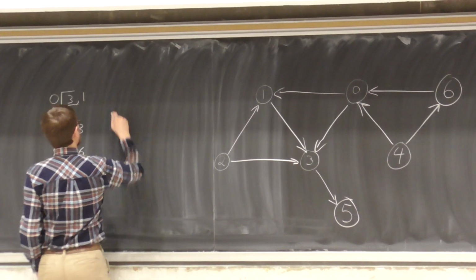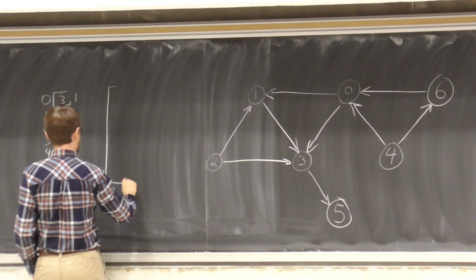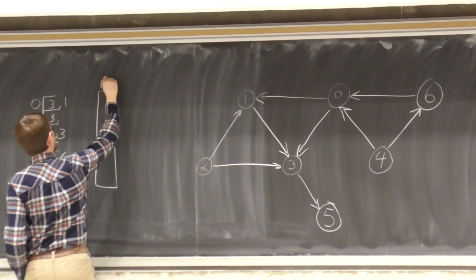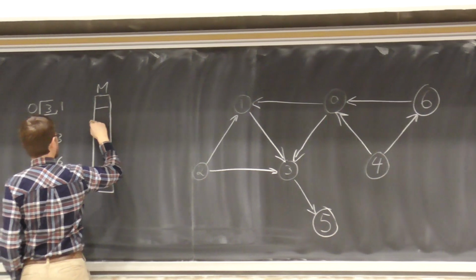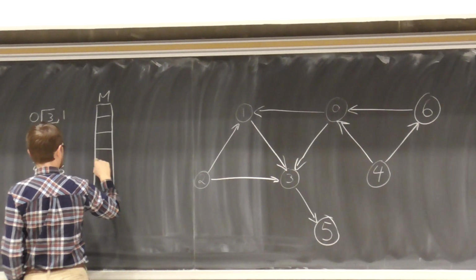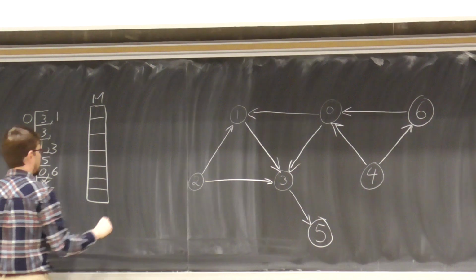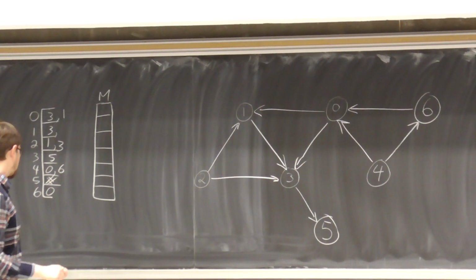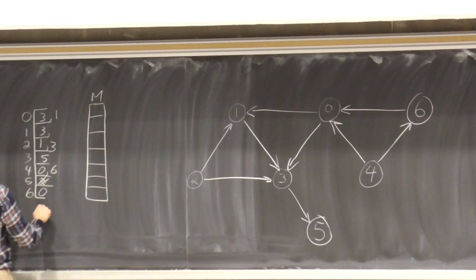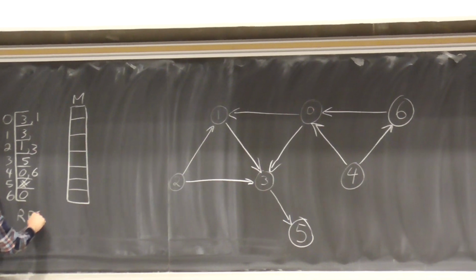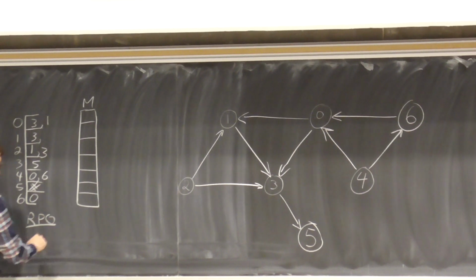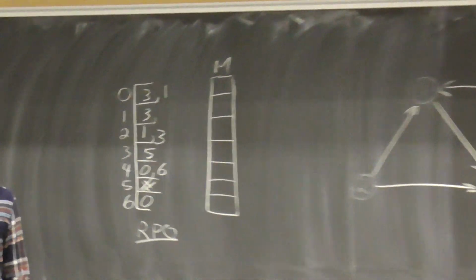In addition, let's just do a marked array at the same time. And let's keep our reverse post order list at the bottom. All right?